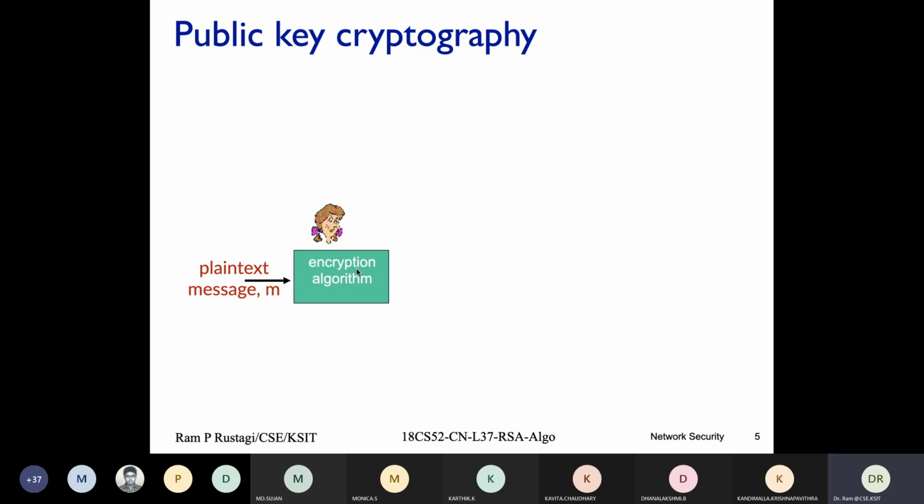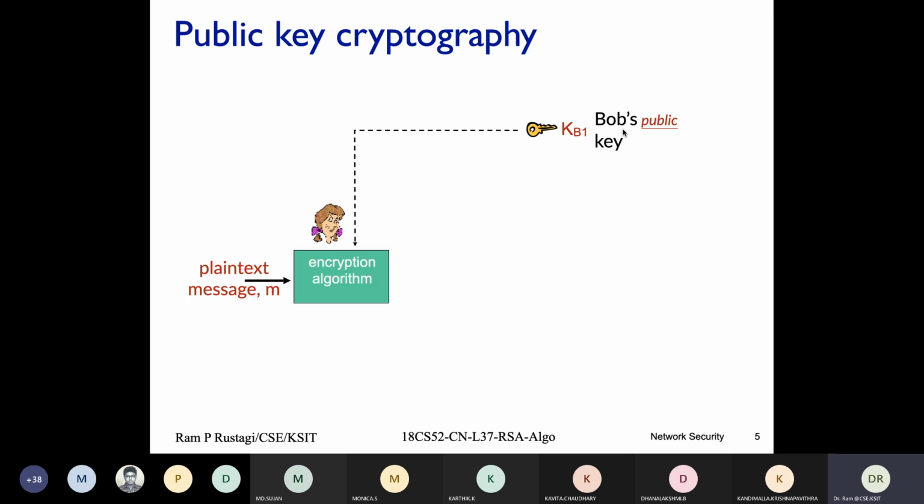She uses the encryption algorithm and Bob's public key, because she is sending a message to Bob. I also want to make sure that nobody is able to tamper with and corrupt the message. So message integrity is maintained, and message confidentiality is maintained, but not the authentication part in this approach.